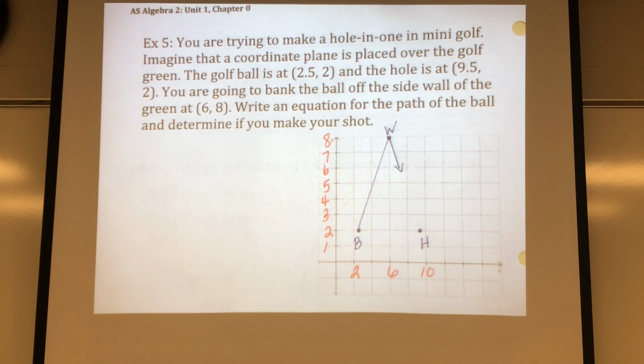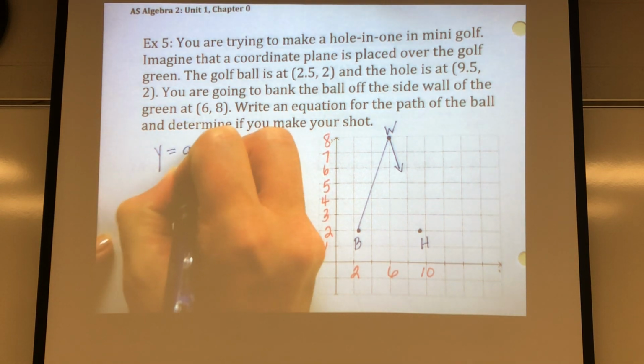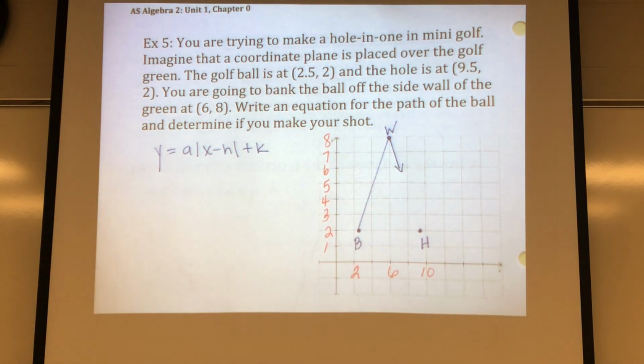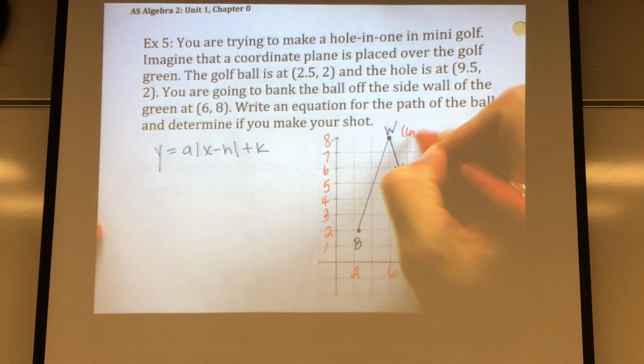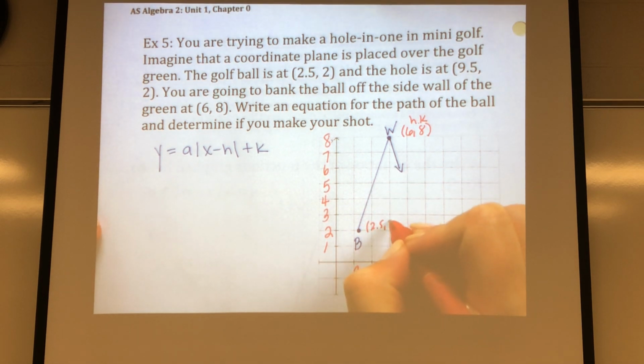All right, so using what we did on finding an equation, we're going to start with our equation y equals a times the absolute value of x minus h, plus k, and substitute in the values that we know. We know that our vertex is 6, 8, so that's going to be our h, k. We know the point that we're starting from, 2.5, 2.